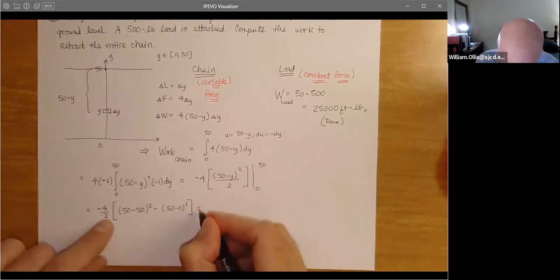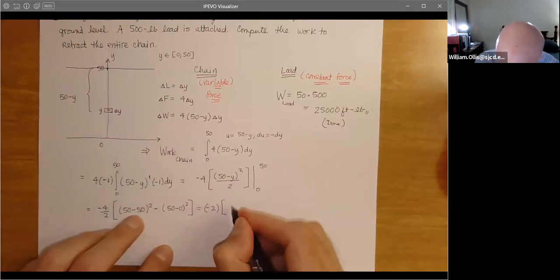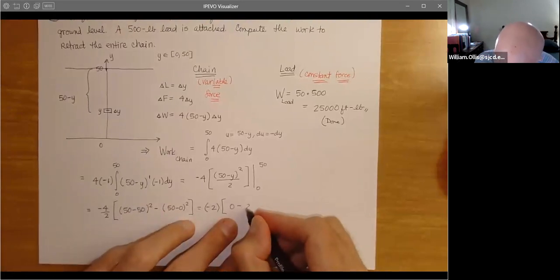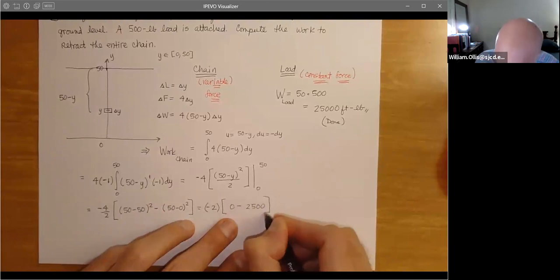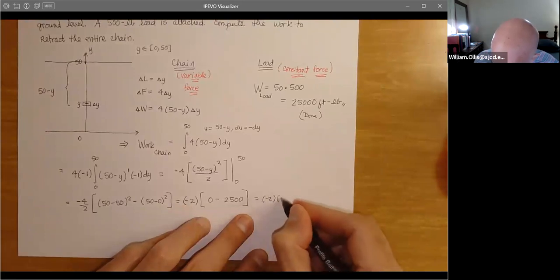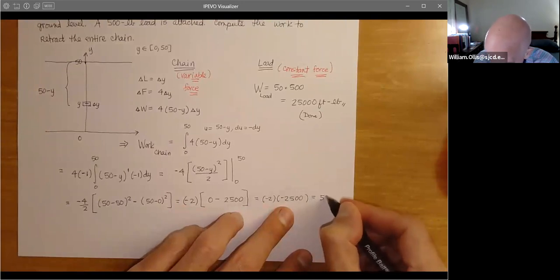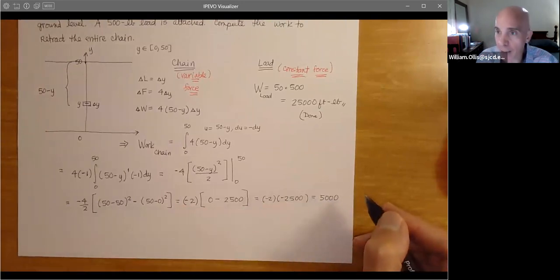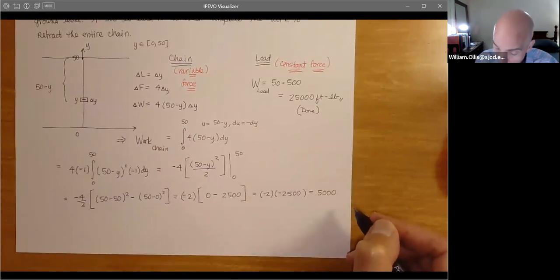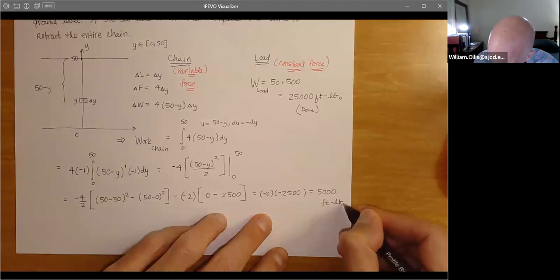So now what do we have? We got a negative 2. And now we have a 0. And now we've got a 25 with 2 zeros. So we have a 2500. Now, of course, this will give us a negative 2 times a negative 2500. The negatives absorb, and we get a 5,000. So at least we weren't having to tackle a lot of extra arithmetic like we've had on the previous problems. And so now for the chain, this gives us 5,000 foot-pounds.